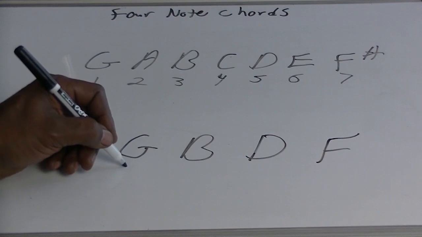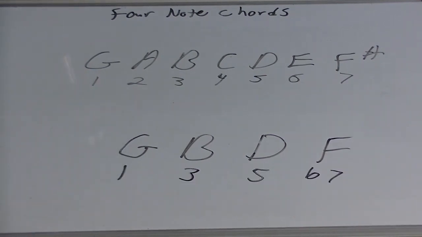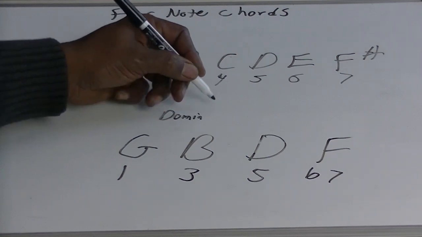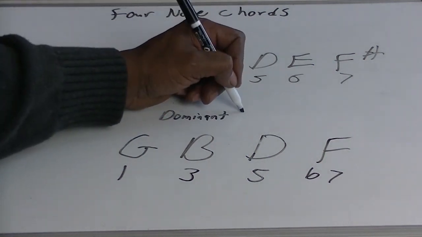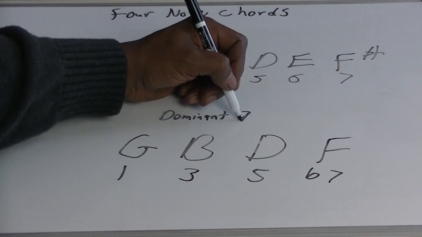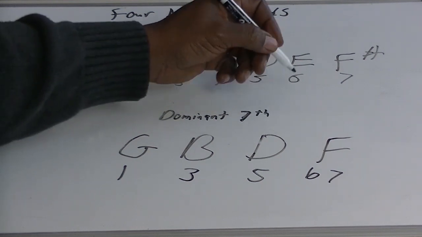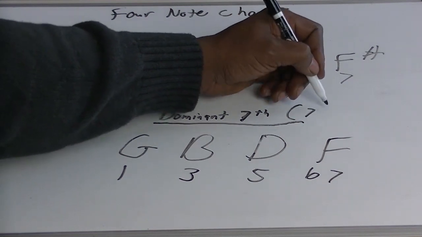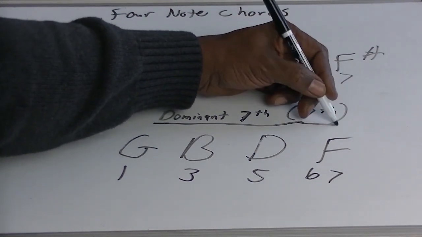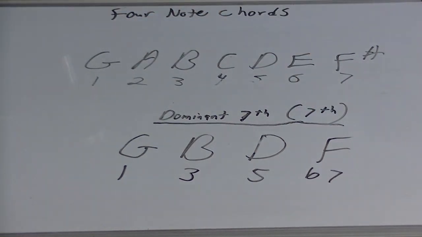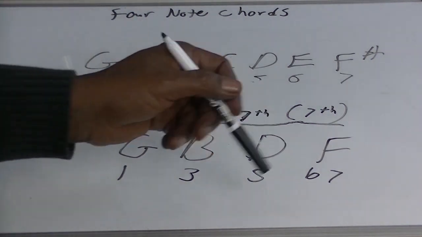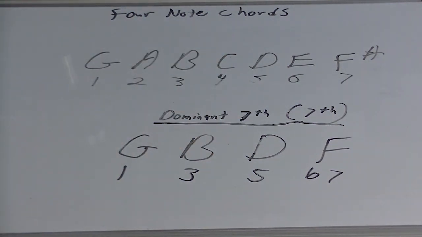G is the root note of the scale, and this establishes the formula for the dominant 7th chord, which is also known commonly as the 7th chord. And what we have again is the major triad with the flatted 7 note added to it.